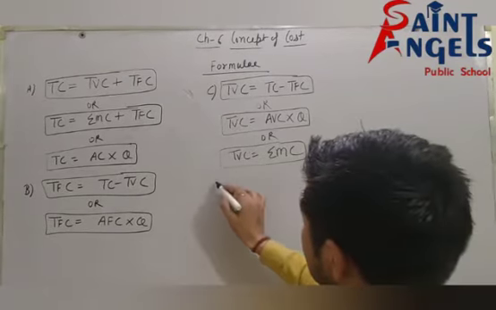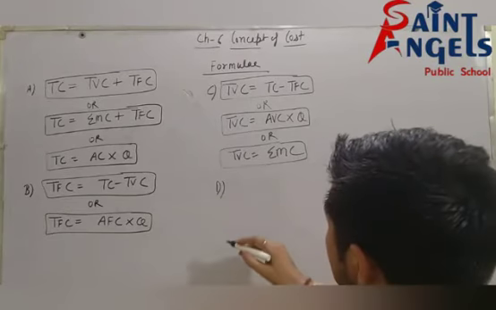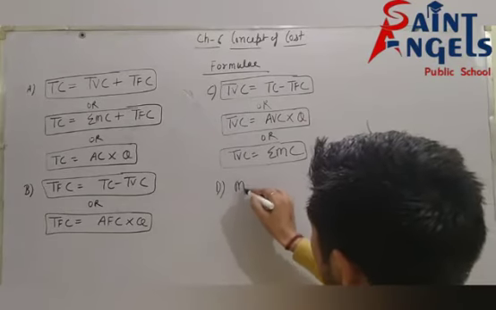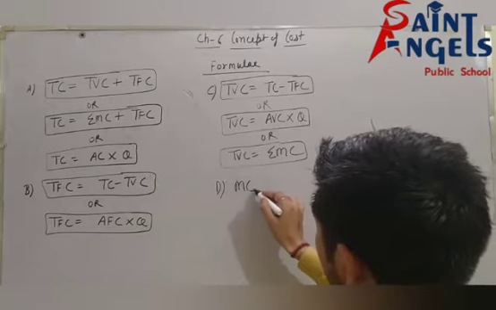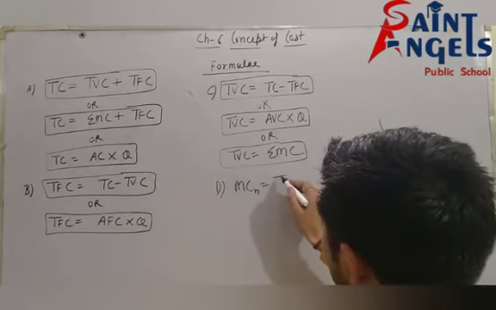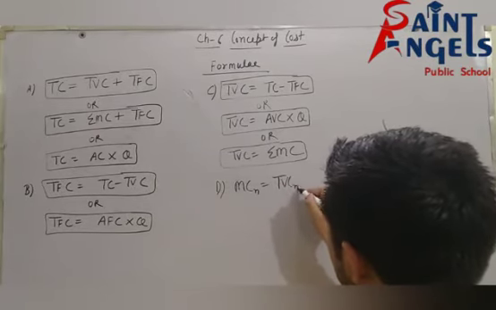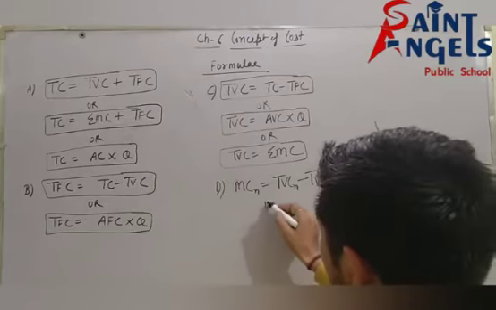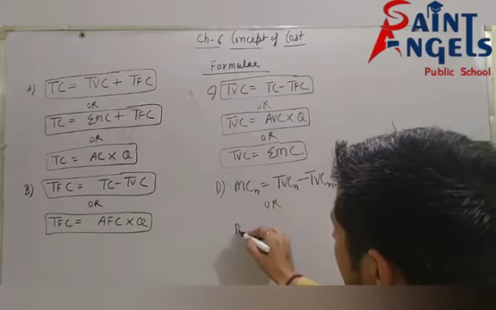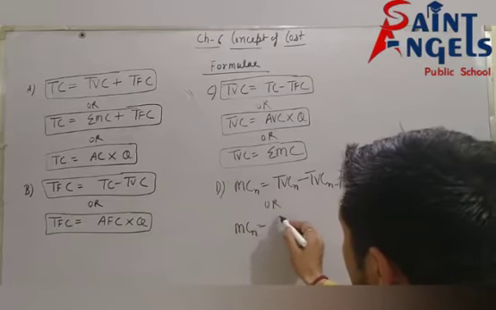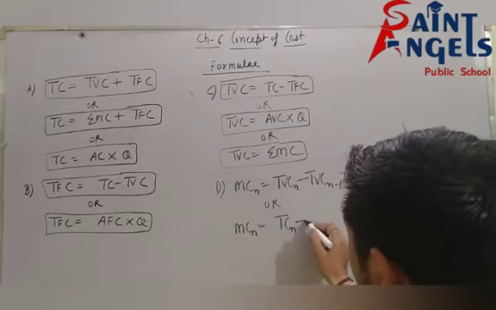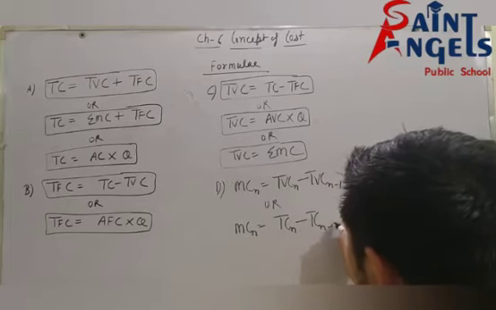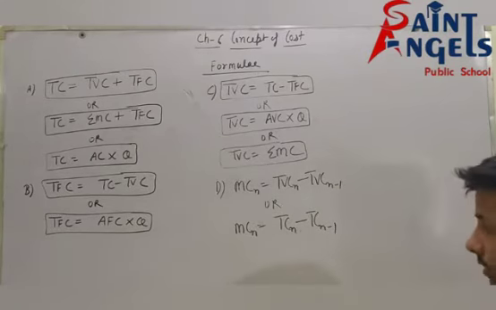Next, MCN is equal to TVCN minus TVCN-1, or MCN is equal to TCN minus TCN-1.